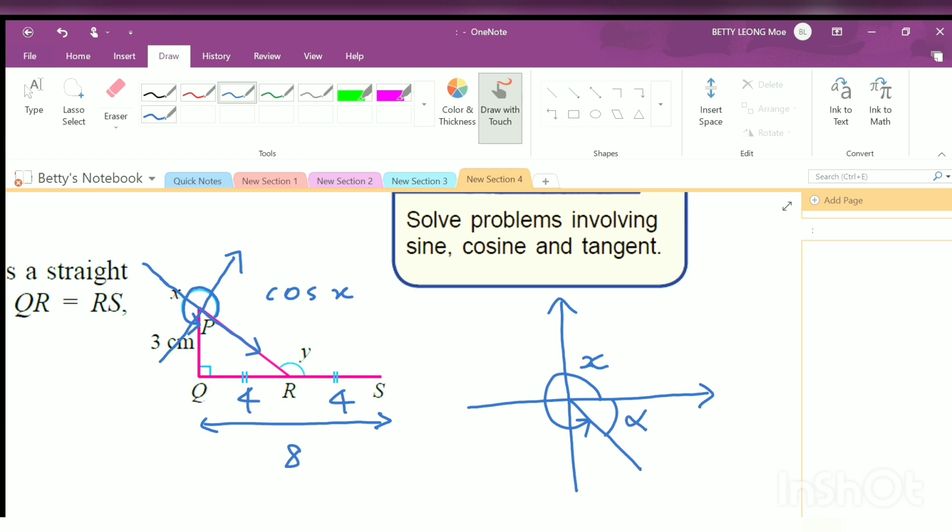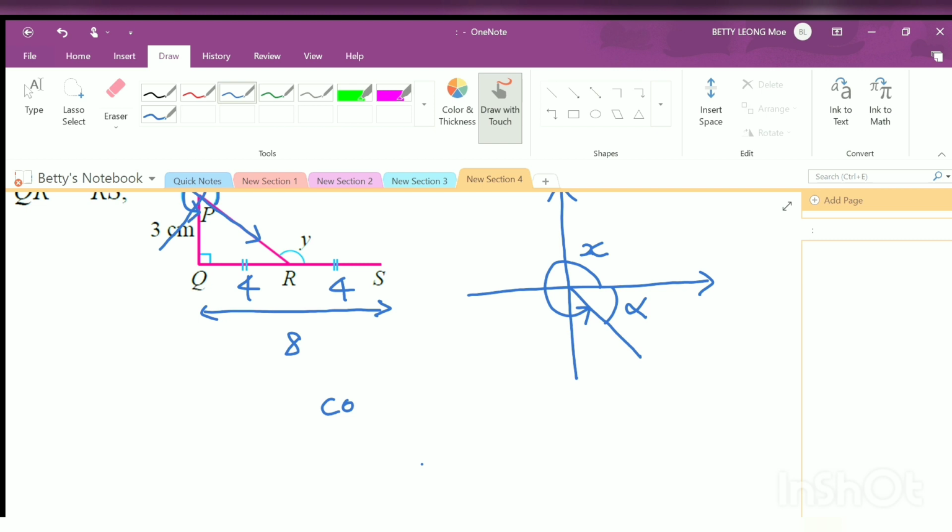So from the diagram here, you can write cos x equal to cos alpha, the corresponding reference angle.